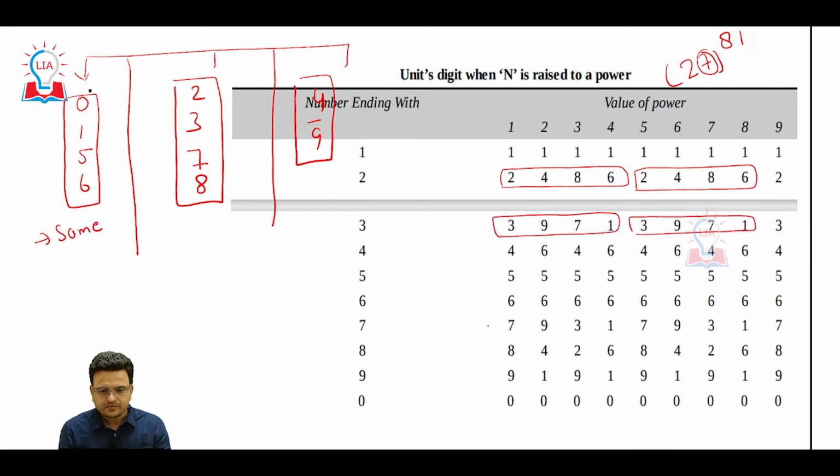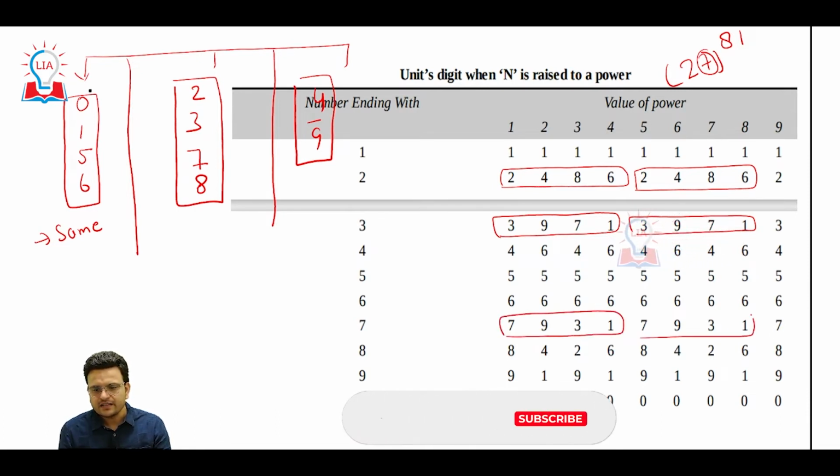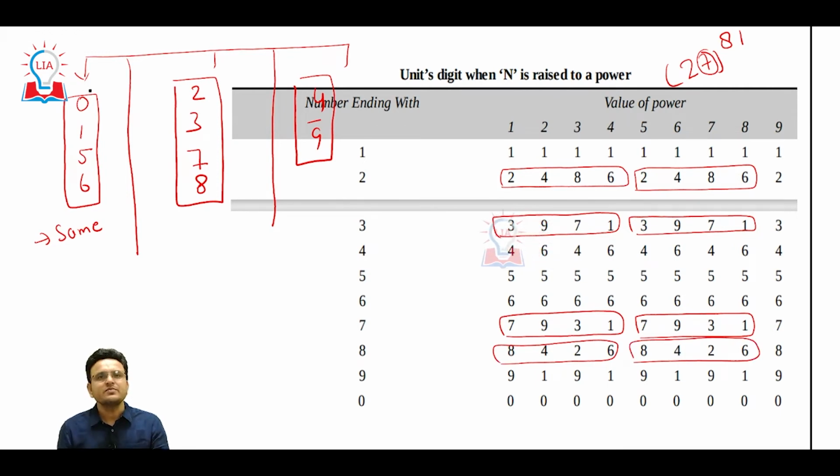Same way 7 9 3 1, 7 9 3 1, and 8 also: 8 4 2 6, 8 4 2 6. Whenever numbers end with 2 3 7 8, whatever power we have, unit digits repeat in multiples of 4.